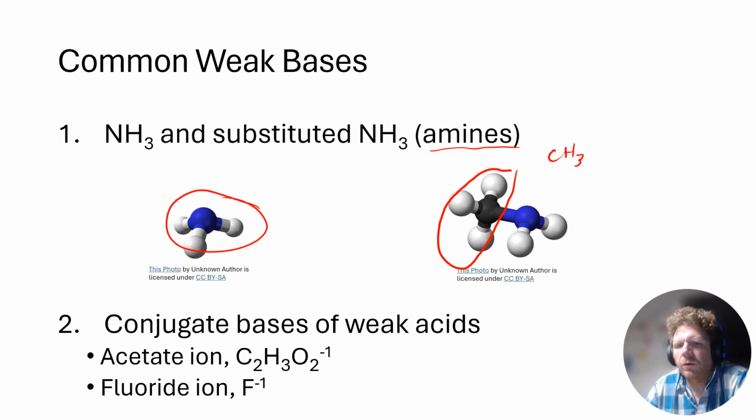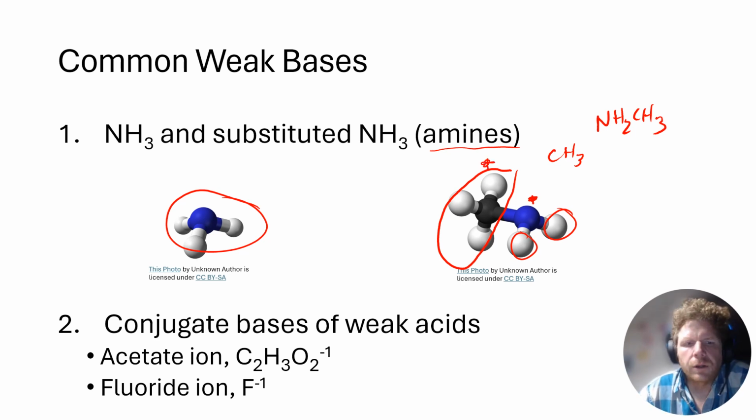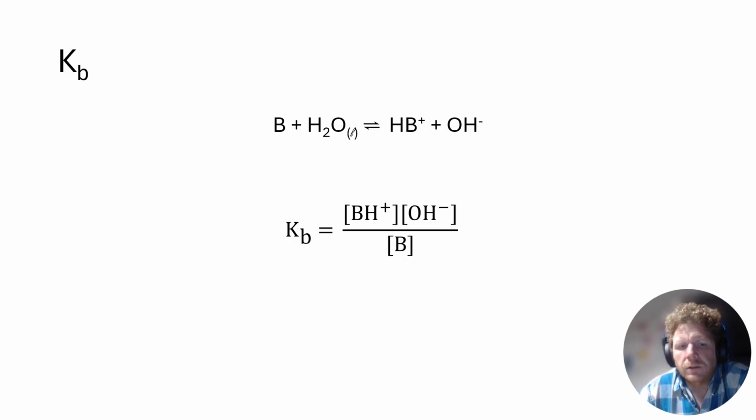So we have a molecule that is NH2CH3. Here's the NH2, hydrogen, hydrogen, and then our CH3 right there. Another weak base is conjugate bases of weak acids, our acetate and fluoride ions. Kb expressions are written just like this.